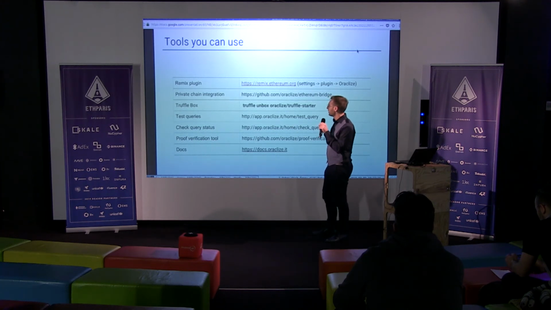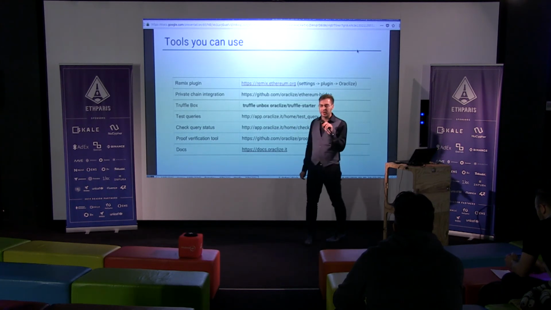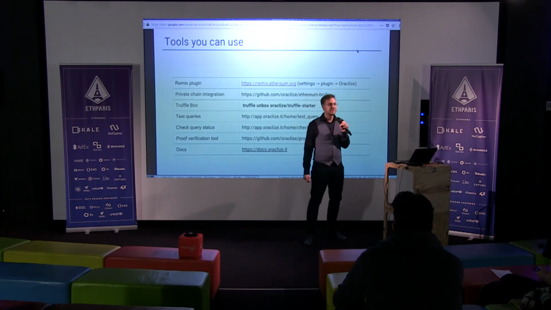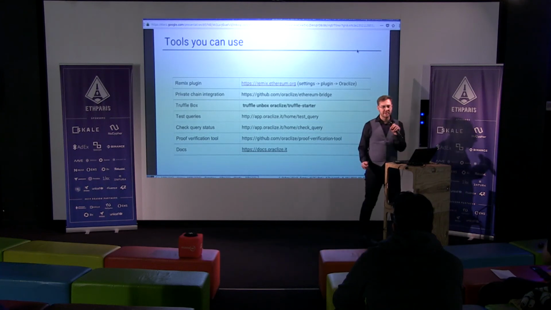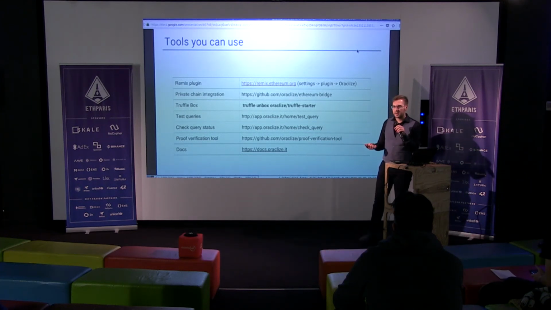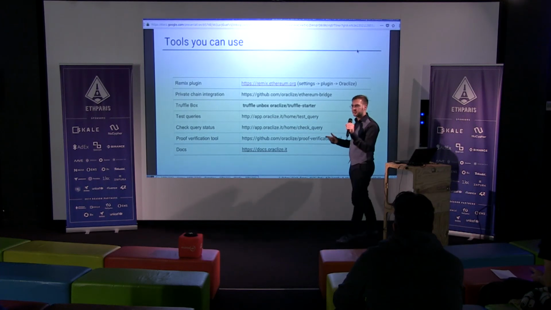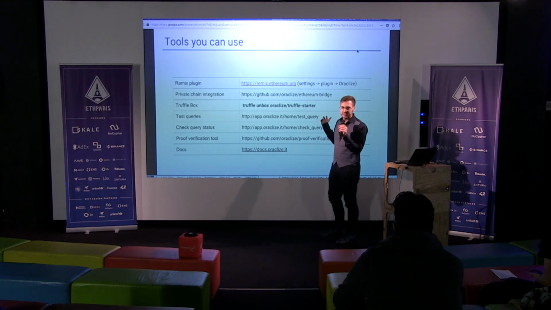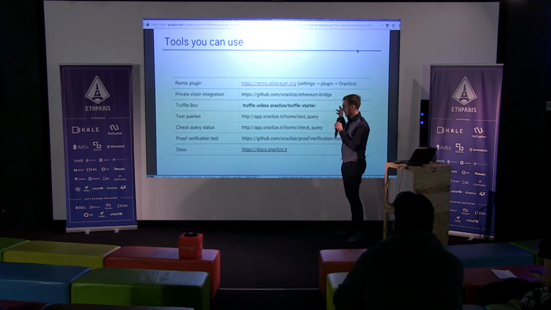So you can test the Oracleize-based contracts in any context without needing to change even a single line of code. It works in the same way as it would on the mainnet or on all testnets. We are integrated with all testnets, basically.